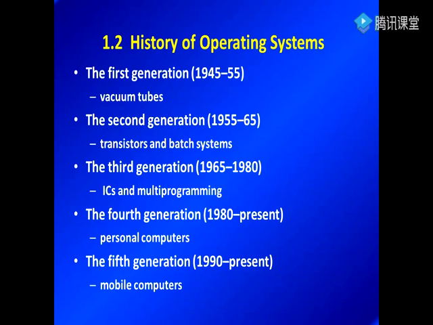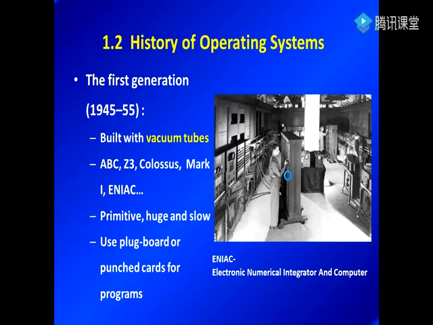For the first generation of computers, there are basically no concepts of operating systems, because an operating system is used to manage resources. Usually, it implies that the resources are shared by multiple programs.